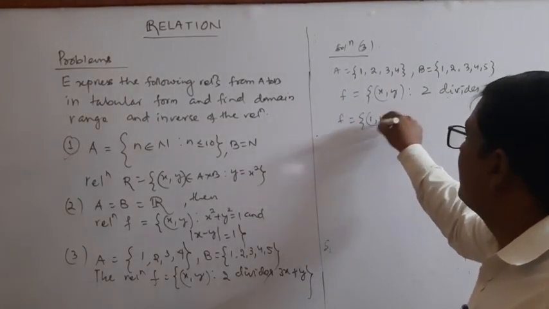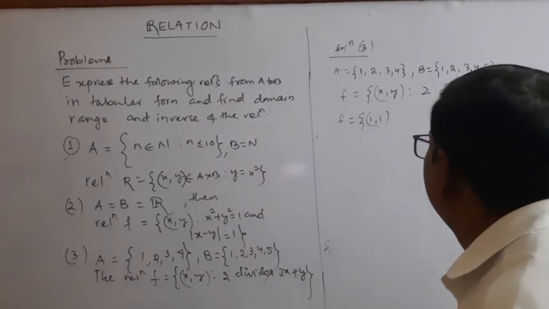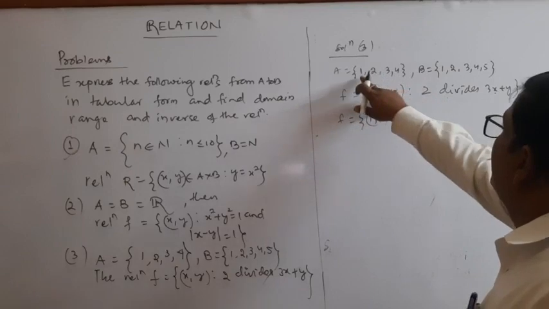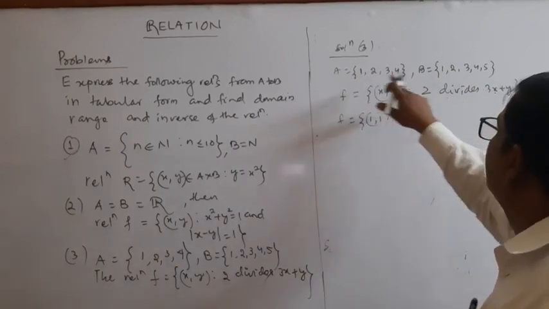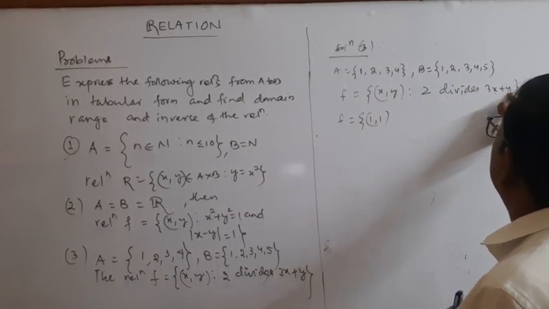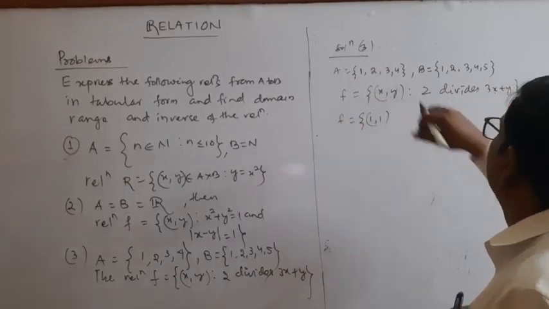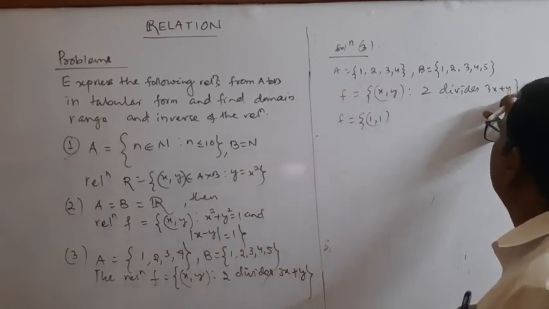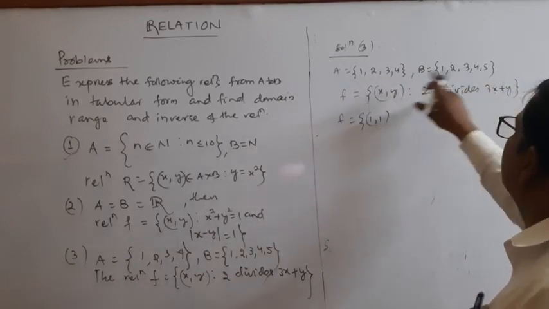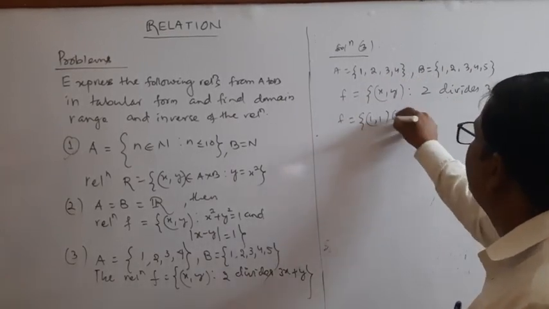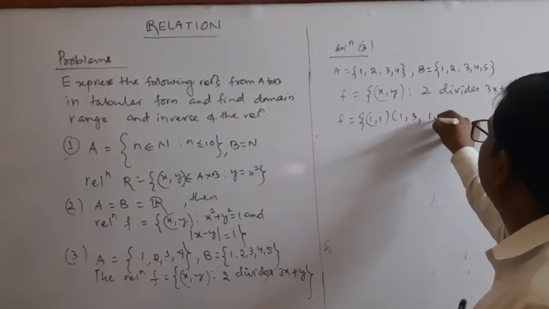(1, 1). Then 1 with 2: 3 plus 2 not divisible. 3 plus 3 divisible, so (1, 3), and (1, 5).